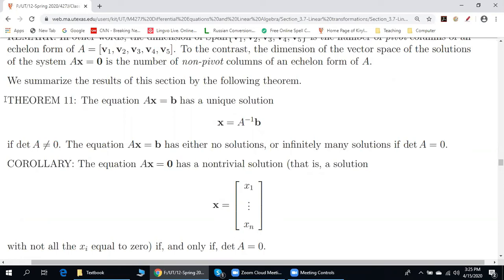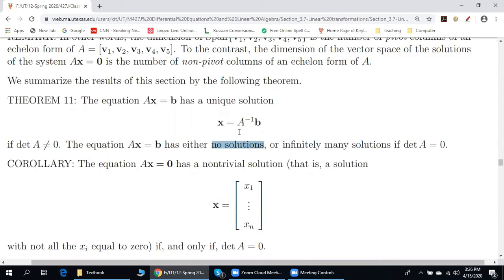Therefore, if in theorem 11, instead of B, we have 0, we exclude this possibility, because a homogeneous system always has a solution.